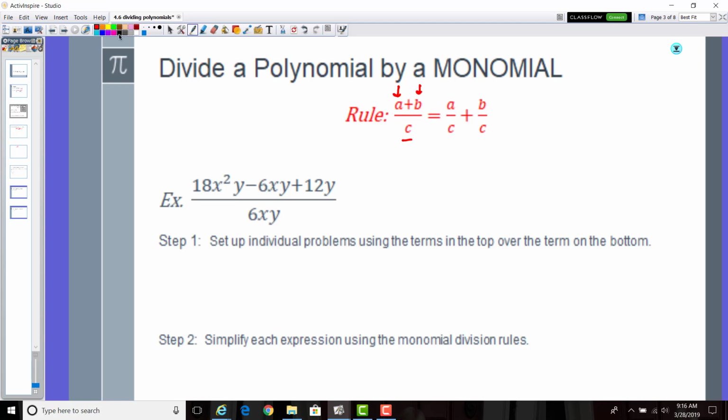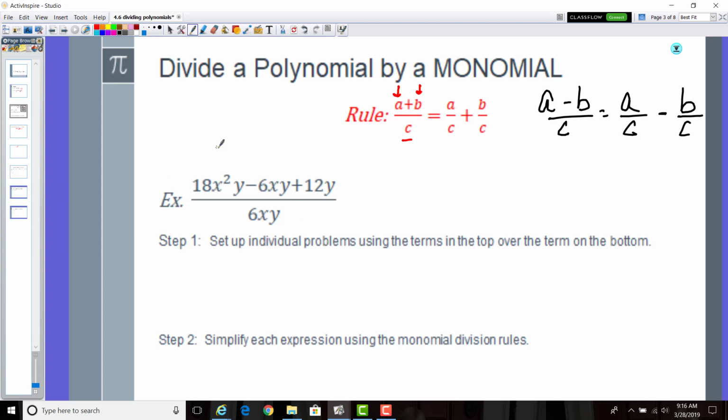The same thing happens if we are subtracting in the numerator. Term A can be put over C, and then we will subtract term B over C. If we can separate each term in the top over the common denominator, then we can simplify each one of these fractions using our exponent rules.